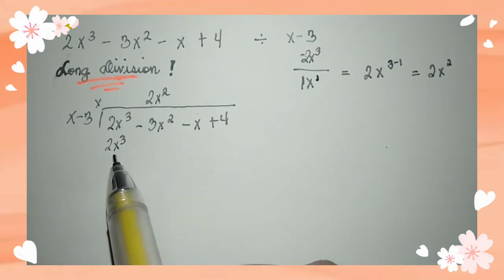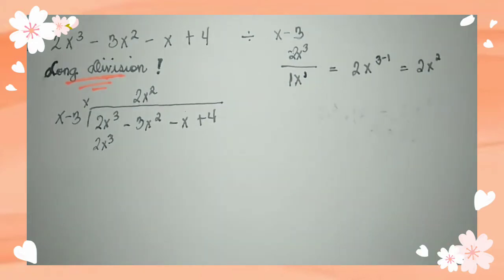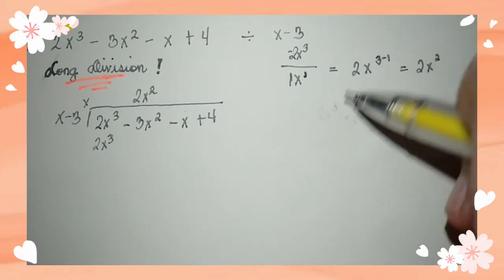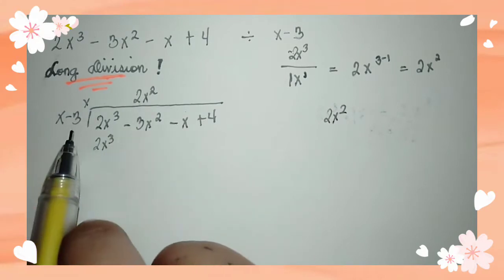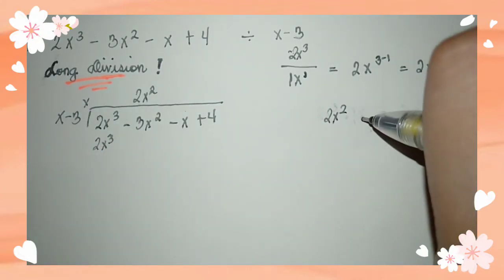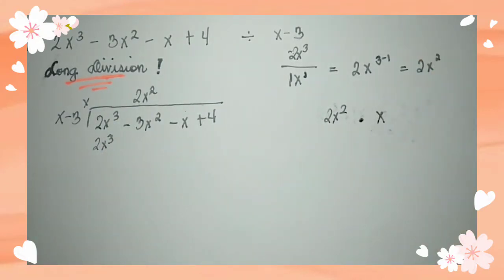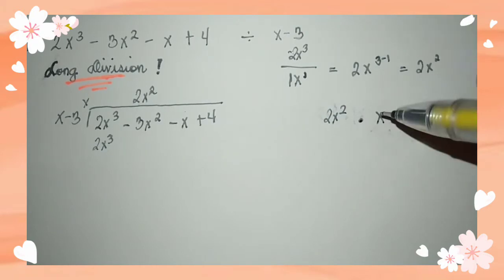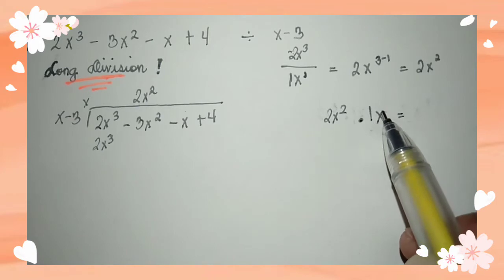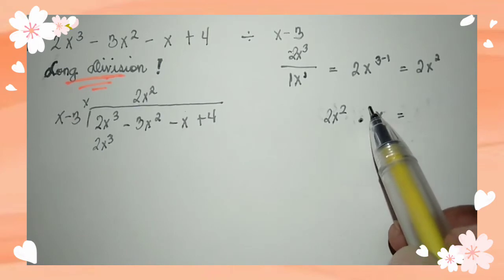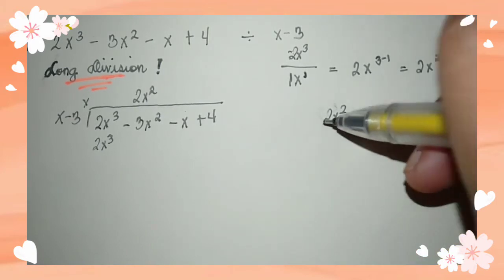Paano naging 2x cubed yun? Kapag mag-multiply tayo ng terms na mayroong exponent, ganito yung mangyayari. We have 2x squared times x. What we are going to do first is to multiply the whole numbers, since ang x natin, dahil hindi siya visible, meron siyang kasamang 1, automatic yon.